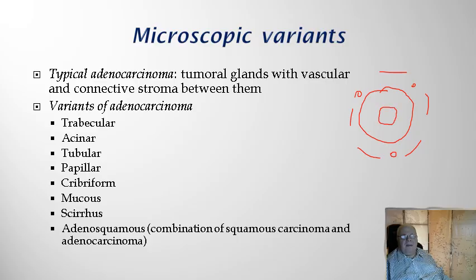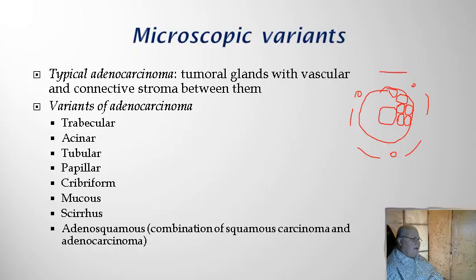And having a lumina, they are looking like glands. Tumoral glands, not normal glands, but looking like glands, and being covered by more than one layer of cells having atypia. And even sometimes with a secretion content in the lumina.